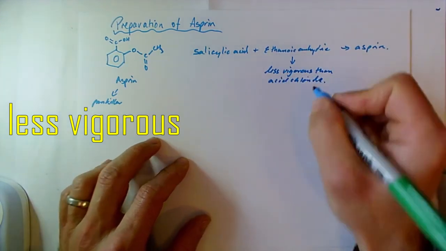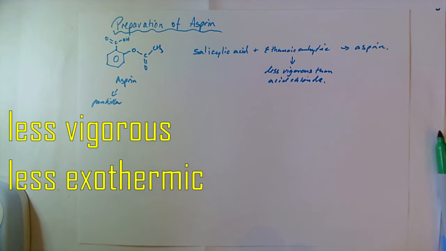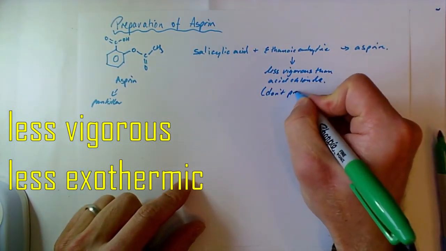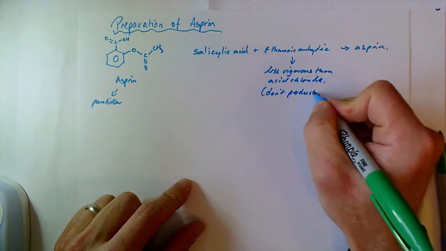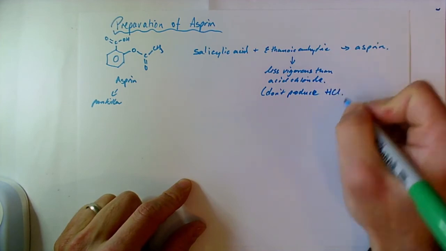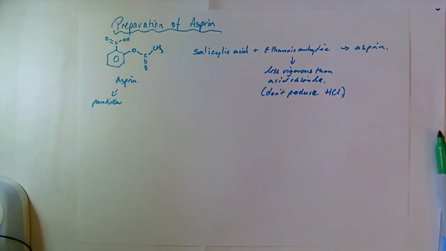Because it's less vigorous, it will happen a little bit slower, it's less exothermic, and also we don't produce, hope you remember what we produce as a byproduct, HCl. And why is HCl bad? Well, it's a corrosive gas. So let's crack on and have a look at some of these structures.